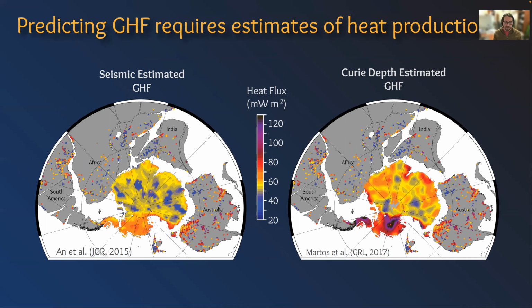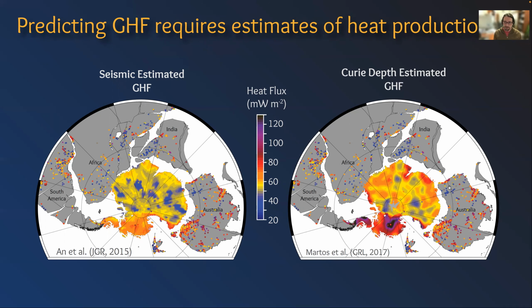The one on the left is a seismic-based method by An et al. And on the right, we can see a Curie depth estimate from Martos et al. You can see instantly how different these two results are. Part of that's due to their assumptions about the properties of the crust, and part of it's due to uncertainties in the methods themselves.